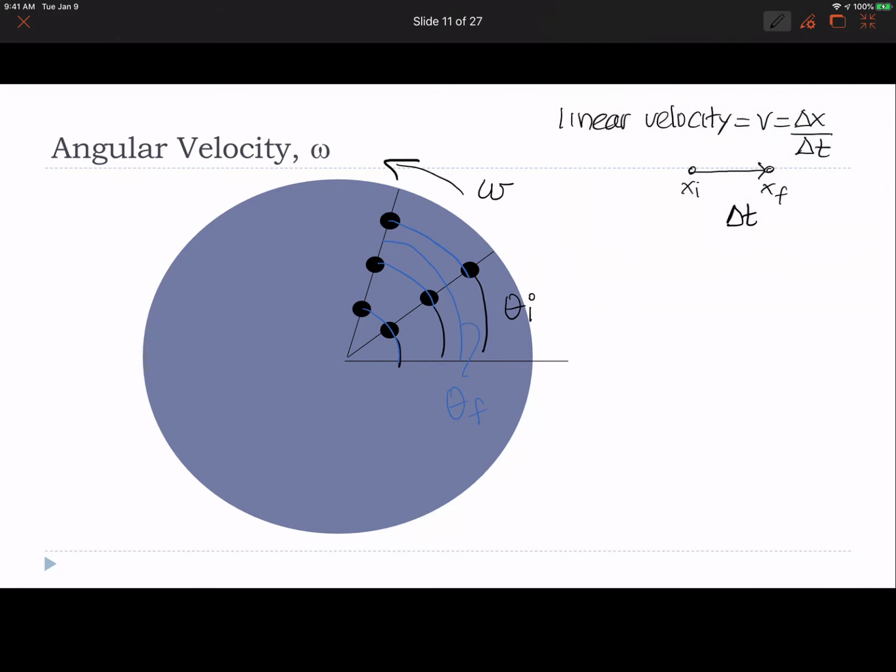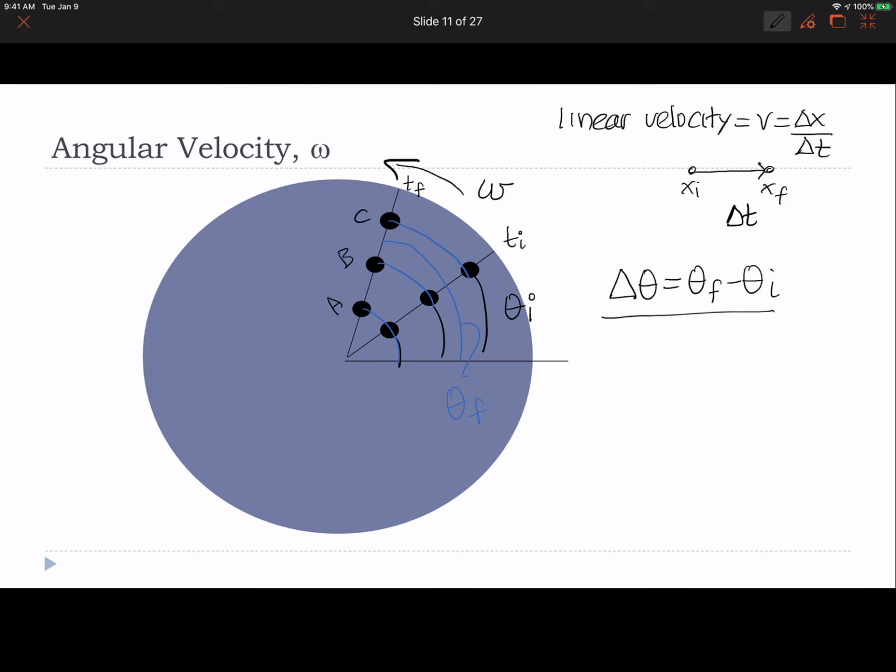So no matter which of those points that I look at, A, B, or C, they all go through the same angular displacement in the same amount of time. If this is where they started initially and this is where they end up, then the time interval for that displacement could have been any point on that disk or any point on the rotating object, and they would all go through that same angle in the same amount of time.